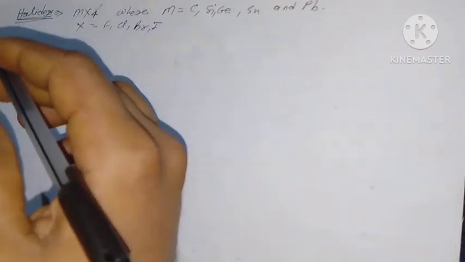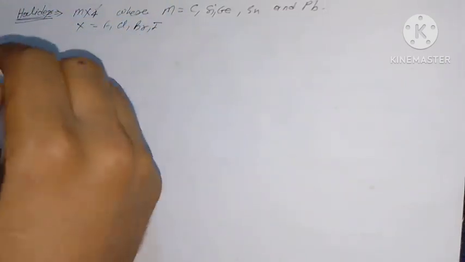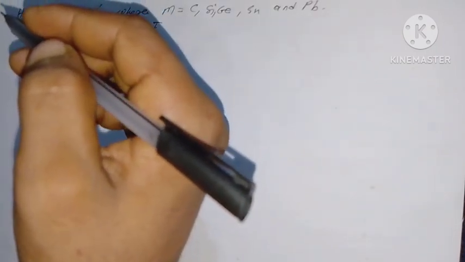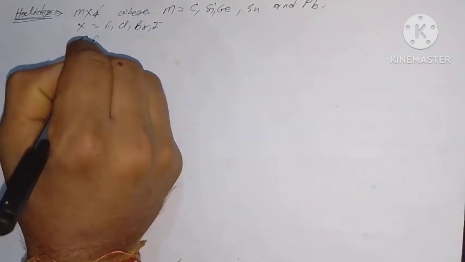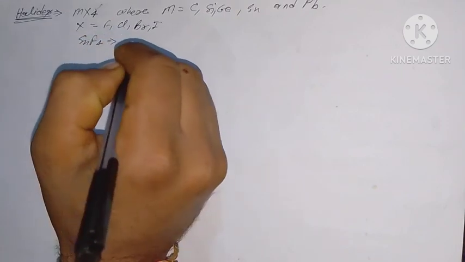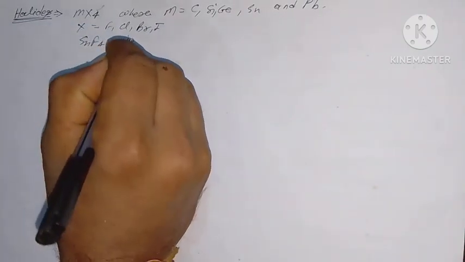The tetrahalides are covalent in nature. SnF4, however, possesses ionic character. Stannic fluoride, however, possesses ionic character.